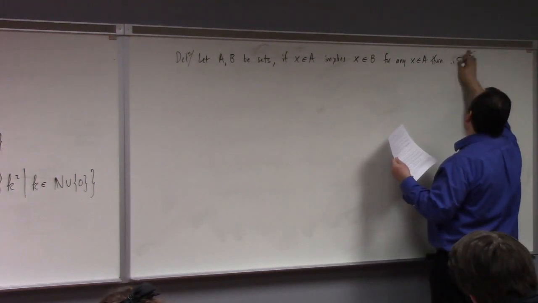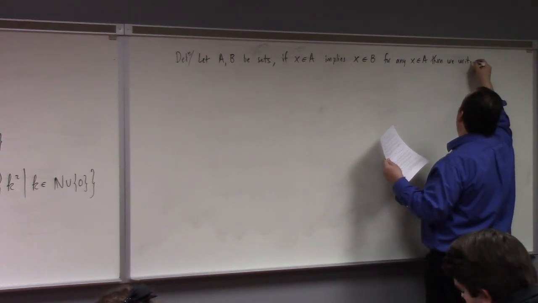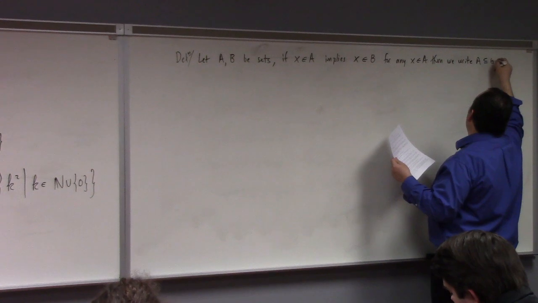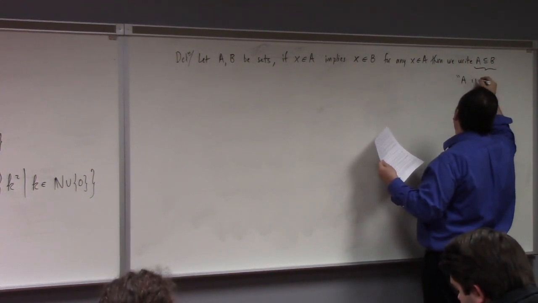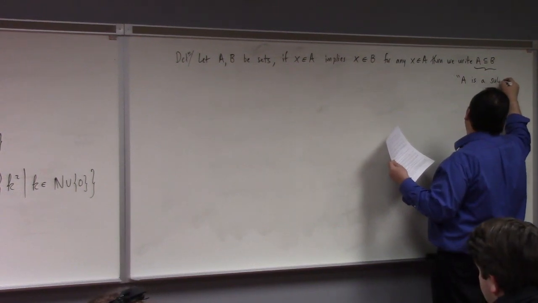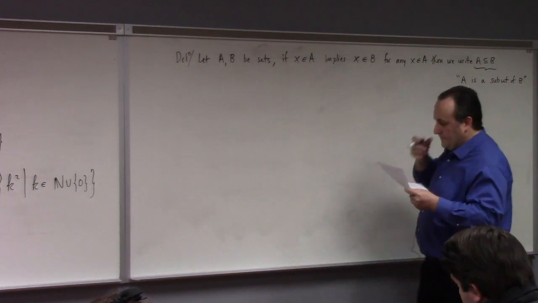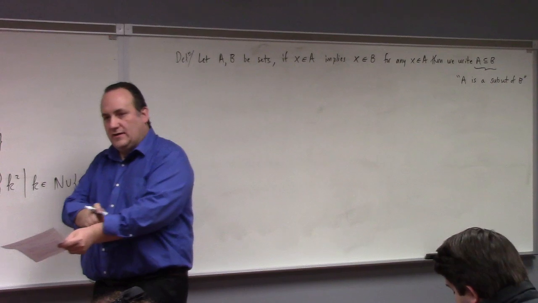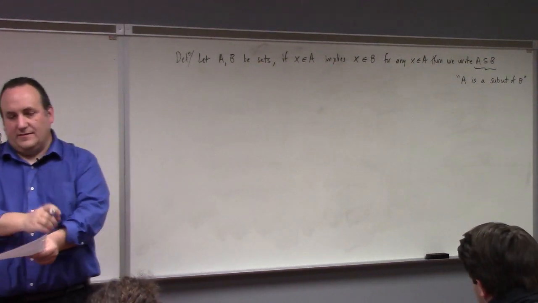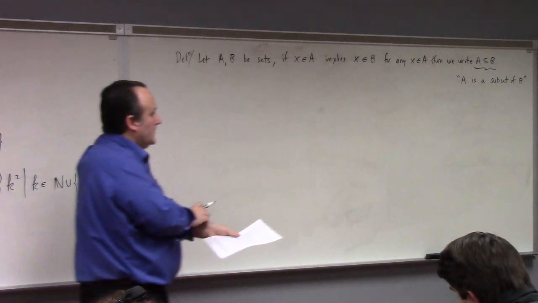I guess I should say at this point, then we write A is a subset of B, and this is read, A is a subset of B. That is not an angly thing, that's a curvy thing. If we write the angle thing, that's less than or equal to, that's a different thing. So subset.